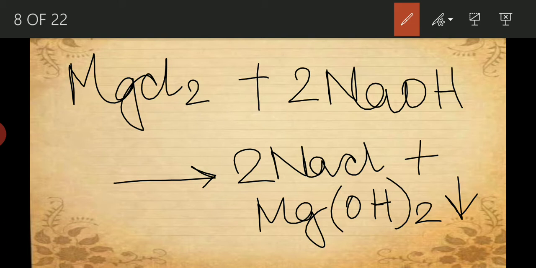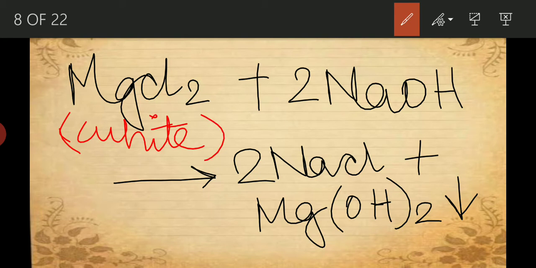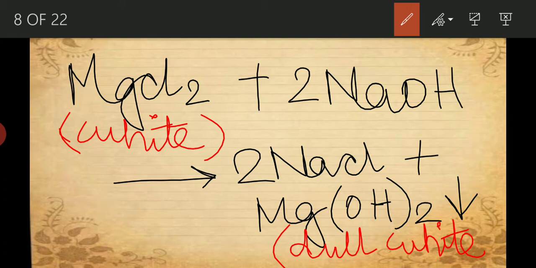So it is colorless. It is white in color. And magnesium hydroxide is also white, but you need to mention it is dull white in color. You need to write it is dull white, not a bright white.